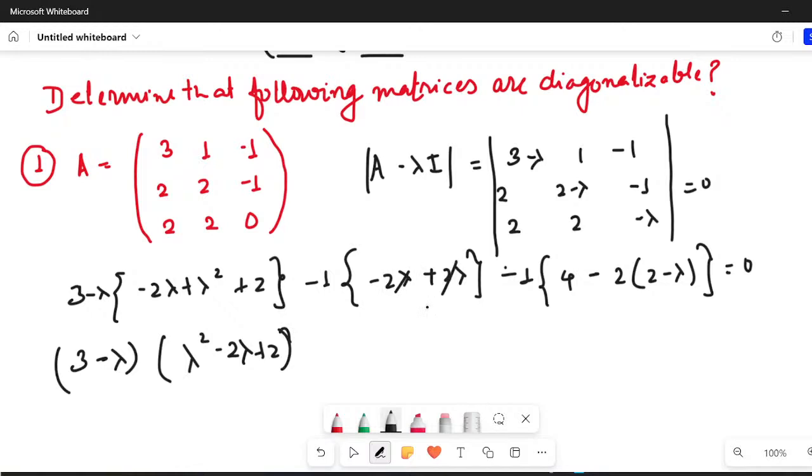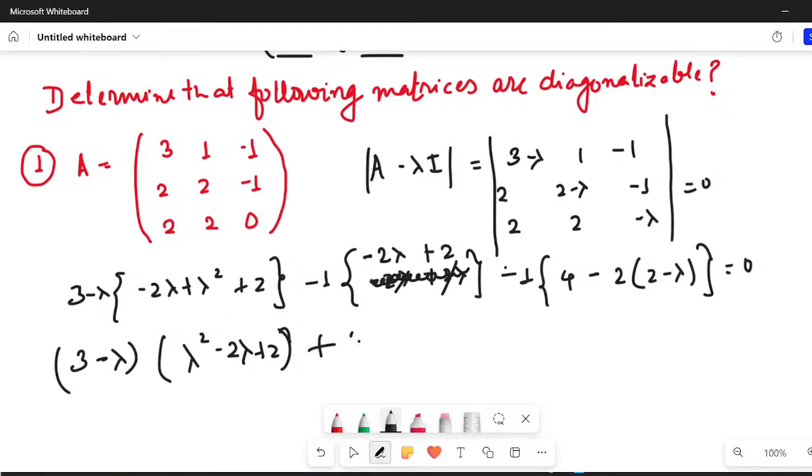This would be 0, see clearly. This will not be 0, sorry. And this is 1 now, sorry. This would not be 0. Okay, so sorry. This would be minus 2 lambda here, and then I think it is plus 2 here, sorry.